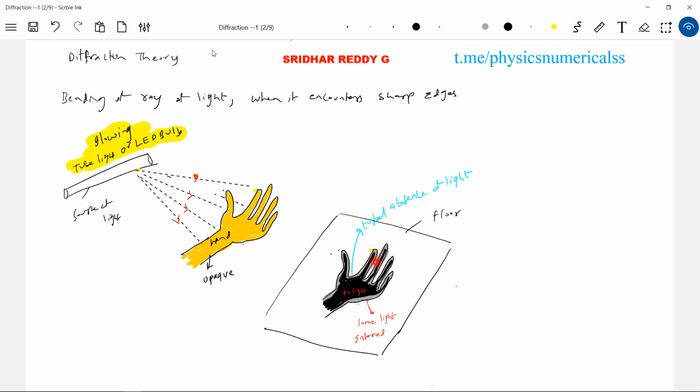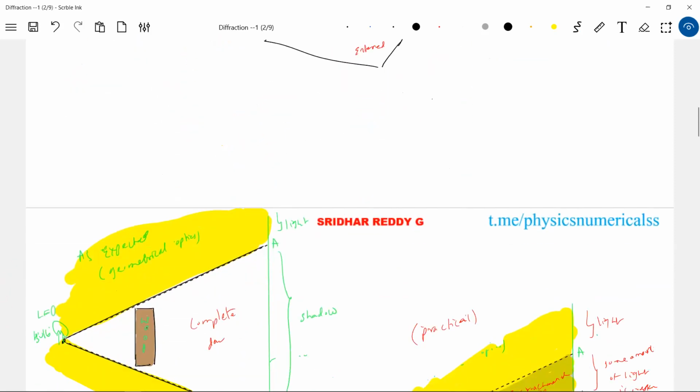Some light will enter, which is nothing but some encroachment. The ray of light, when it crosses through the fingers, encounters edges or surfaces, and bending of the ray of light occurs. Due to that bend, the light will enter this region. Please do experience it. I'm just sharing my general view on diffraction.